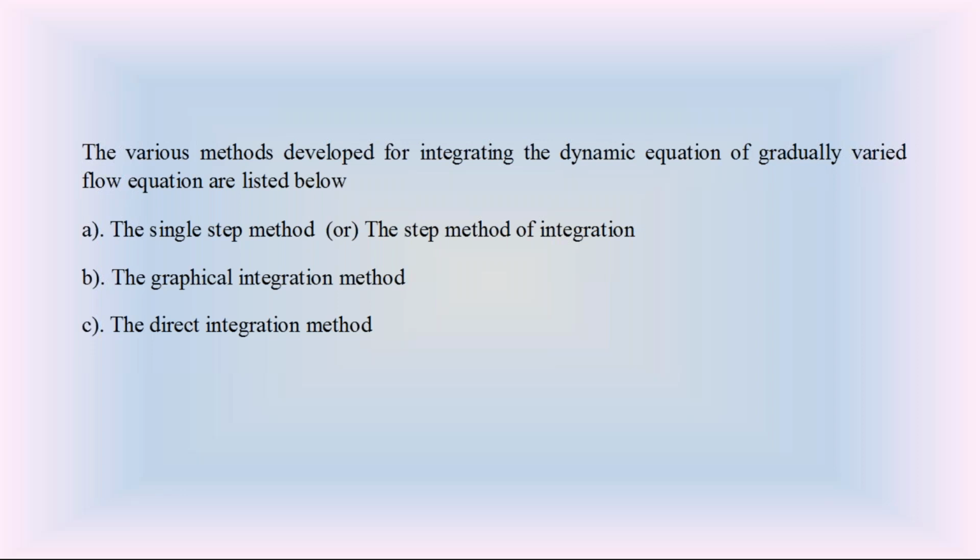So by placing the soil in the canal, we construct a small soil dam. Check the water surface on the upstream side of that soil dam. The water surface is a rising water surface. So from upstream to downstream, the water surface gradually rises in the canal. That is called the backwater curve.